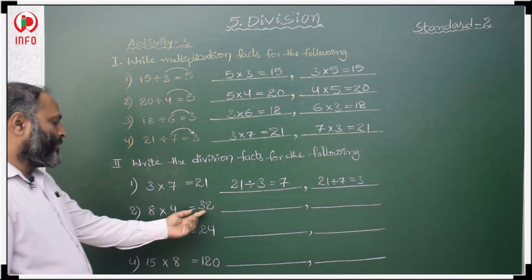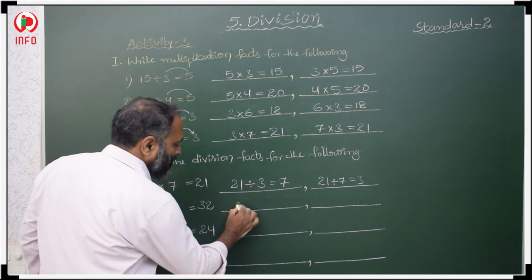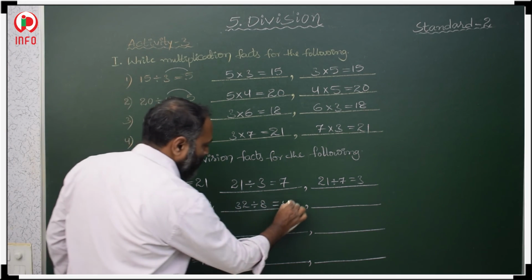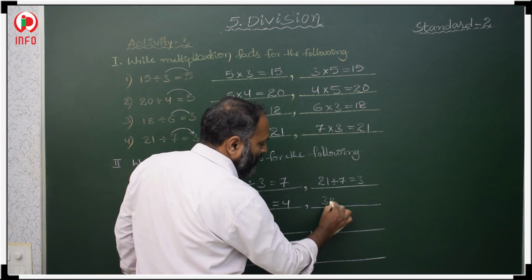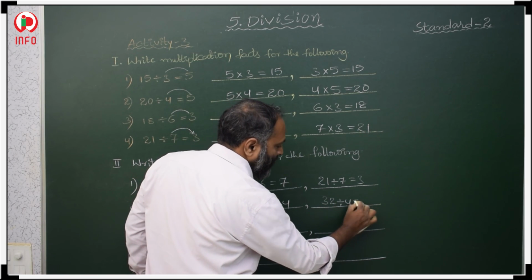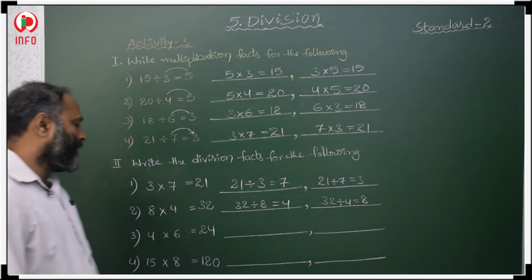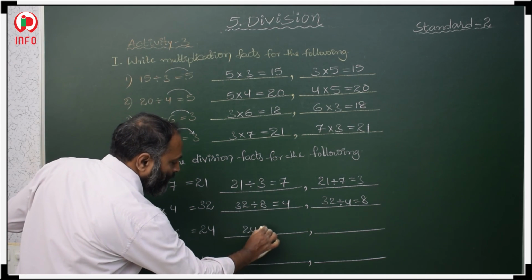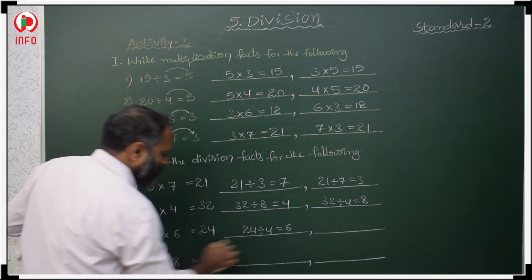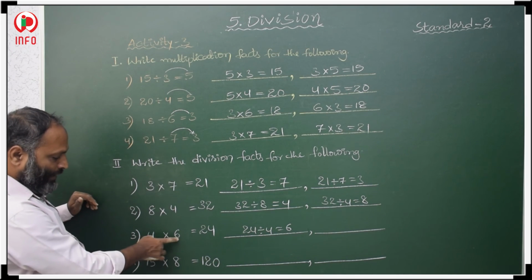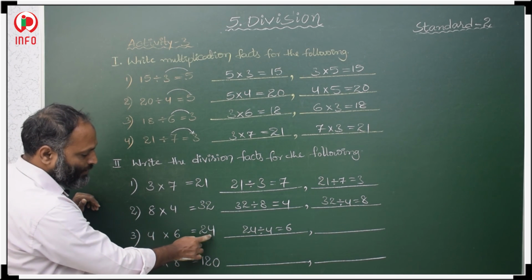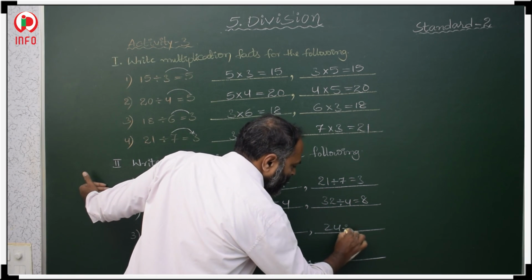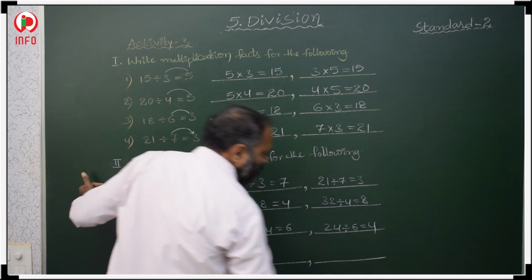In the same way, 32 divided by 8, then you will get 4. In the second, 32 divided by 4, then you will get 8. Next, 24 divided by 4, then you will get 6, or 24 divided by 6, then you will get 4.